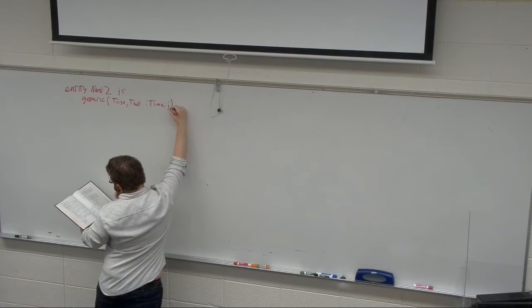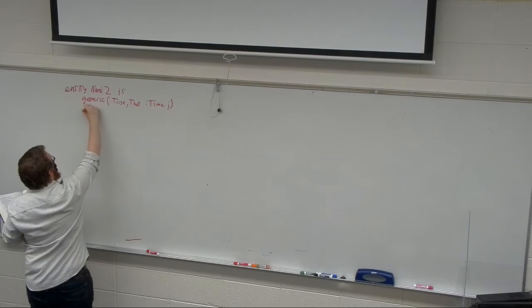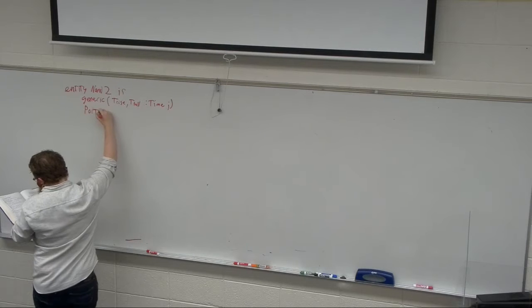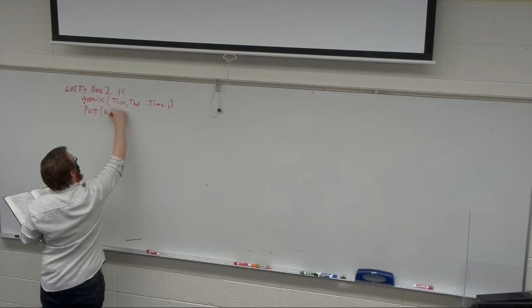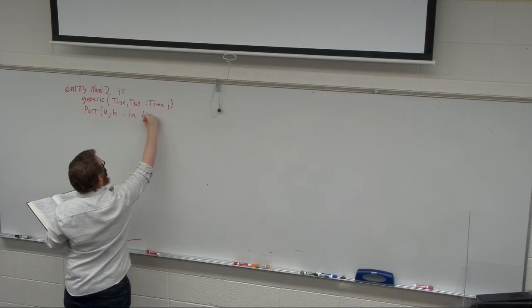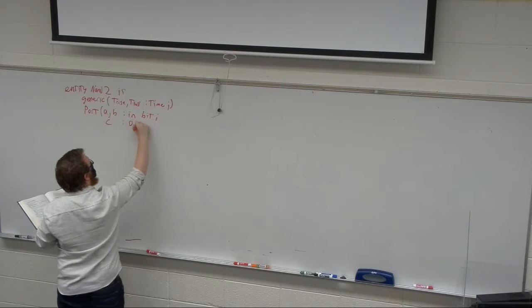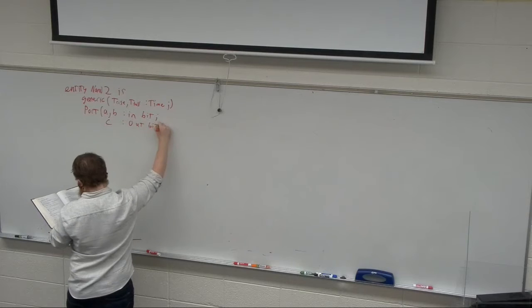I'm going to end it there. I'm just going to skip over that for this point because I can make the point without it. Port A, B, in bits, C, out bit.